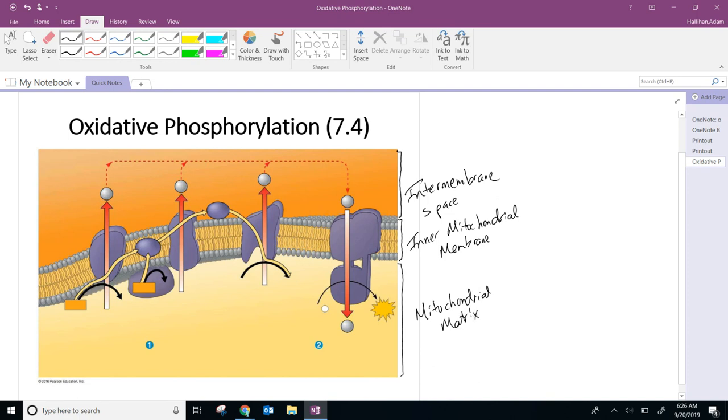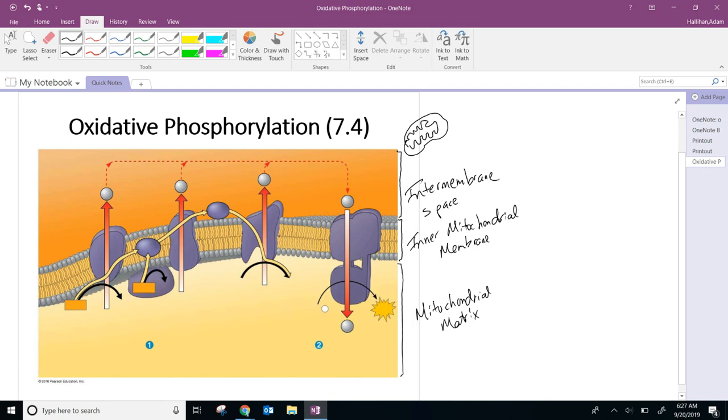So we have all these different parts of where we are, but we have to put this in a context of where in the mitochondria are we. So in the book, they gave you a picture of a mitochondria. I'm going to do my best to replicate it. It kind of looks like a bean. And then that bean had a bunch of folds on the inside, something like that.